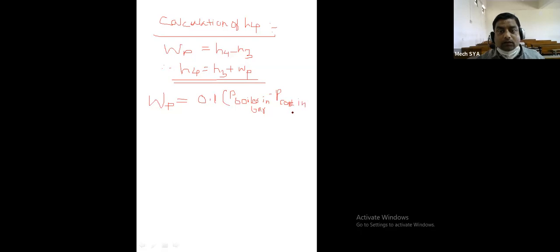Both pressures are in bar, and this value will be in kilojoule per kg.